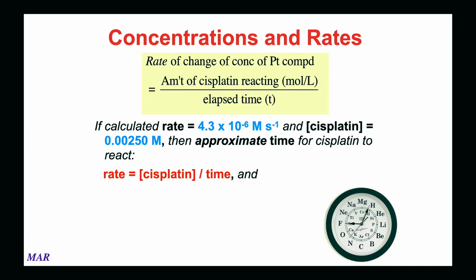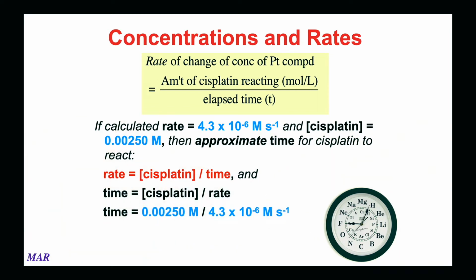If you look at those units, you've got a molar per second and a molar. So it shouldn't be too hard to figure out the time for the cisplatin to react. Rate, molar per second, equals the cisplatin concentration we're starting with, divided by the time elapsed. In a problem like this, where we want to see how long it takes, we want to solve for time.